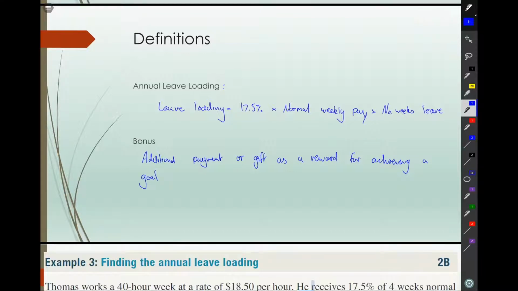Or potentially it is related to a holiday bonus, Christmas bonus, something like that. But oftentimes you'll see that if the company reaches a certain level of productivity, the employees will get a bonus.